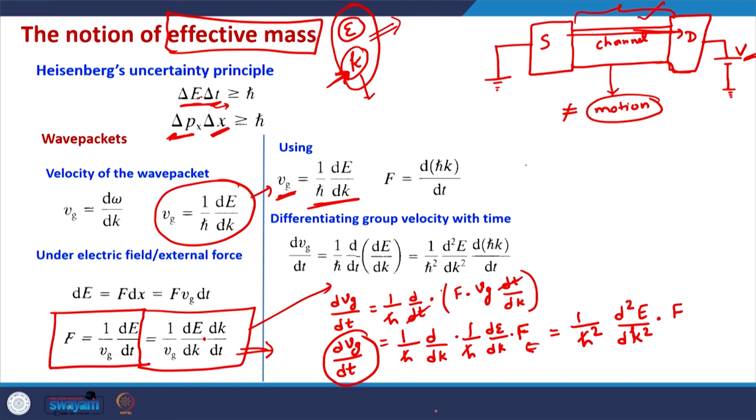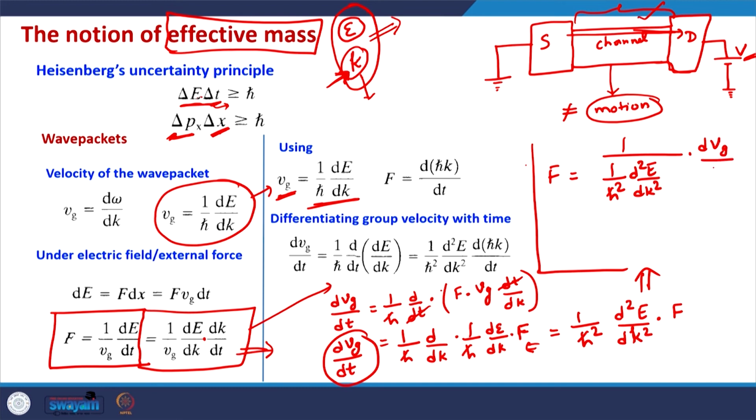Okay. So, from here we can write force is equal to 1 by h bar square d2E by dk square times dVg by dt.